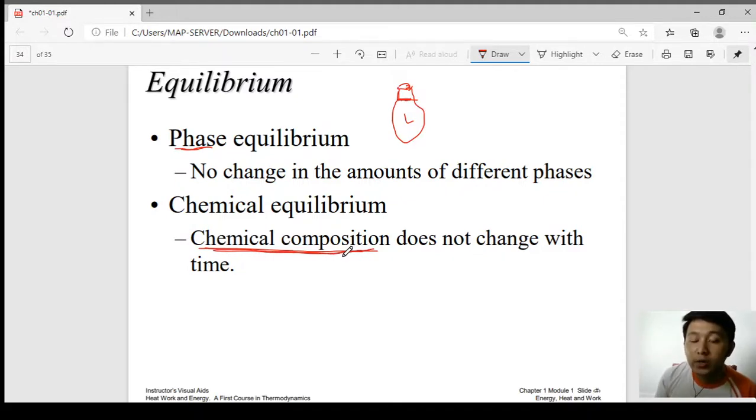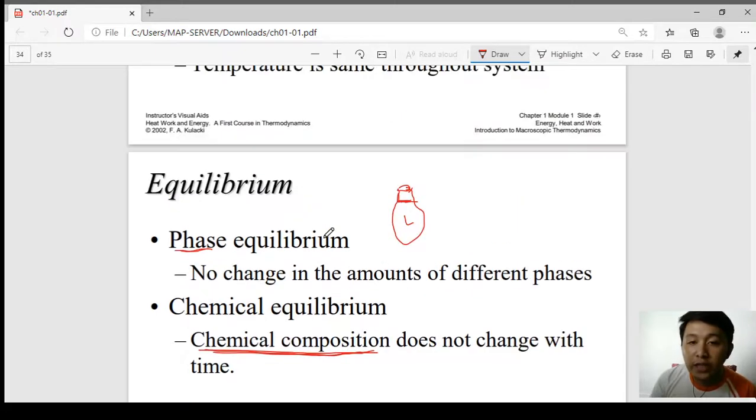So in a chemical equilibrium, it means no chemical reaction should happen. For example, hot water poured onto a metal, let's say iron metal. There was no chemical reaction between the water and the metal. It's still the same H2O and the iron metal is still Fe.